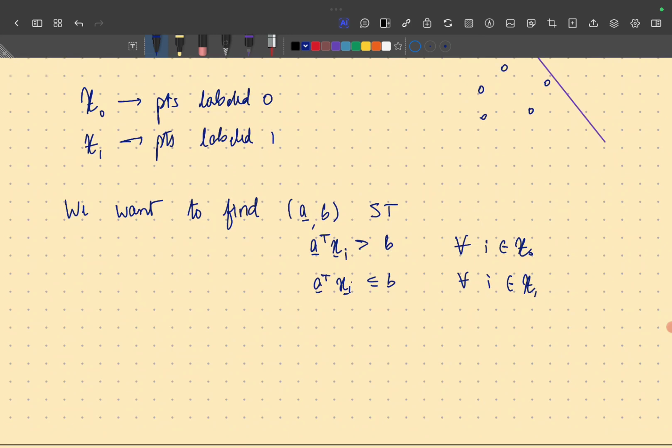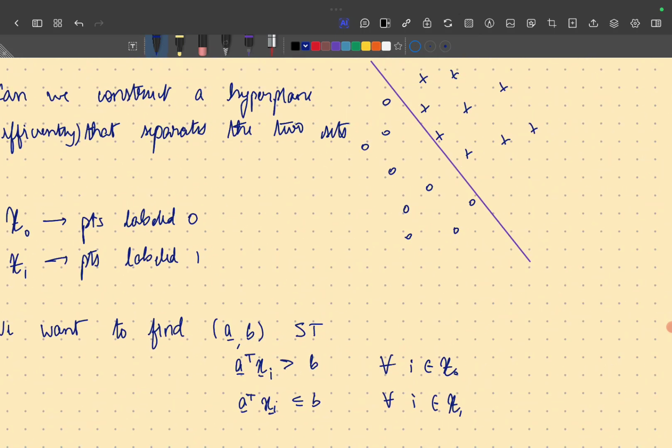There are other ways. In fact, many of the techniques used for classification build on the ideas of linear classification, that is separation using hyperplanes. There are other techniques that build on the same algorithmic techniques. Suppose that instead of separating these two sets using a hyperplane, you want to separate them using a more complicated function, some other boundary.